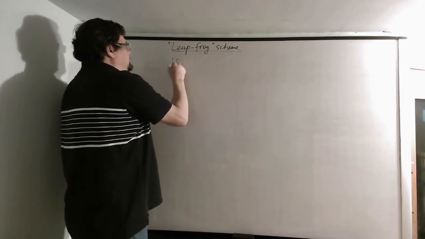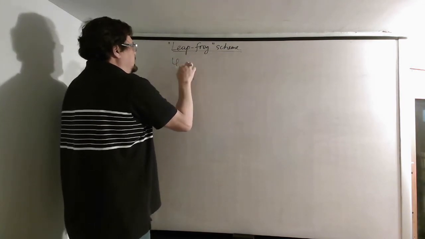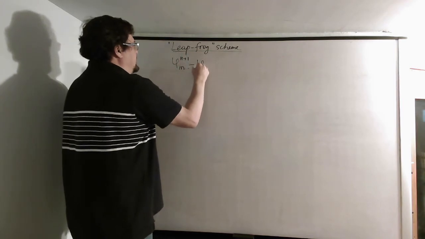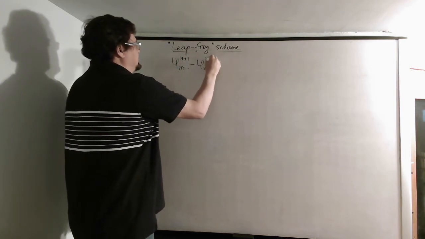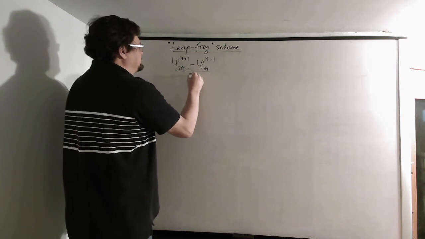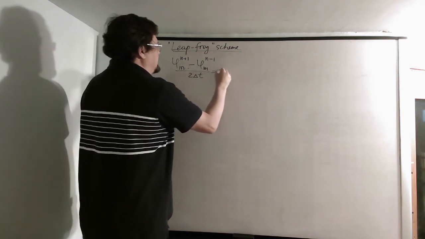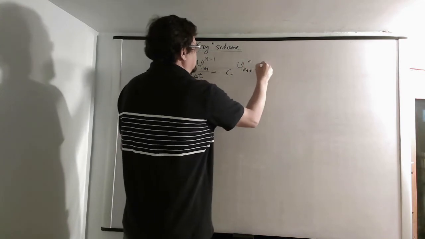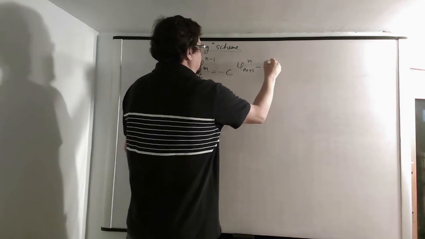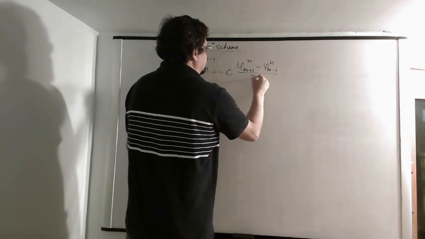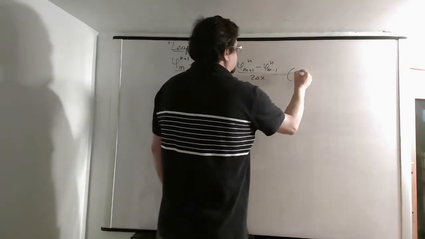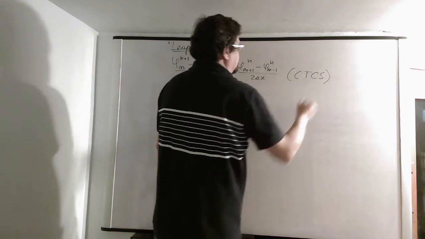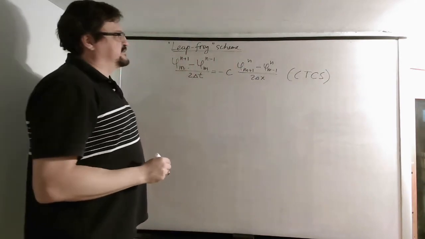So it's a scheme that looks the following: phi m n plus 1 minus phi m n minus 1 divided by 2 delta t equals minus c times phi m plus 1 n minus phi m minus 1 n divided by 2 delta x.